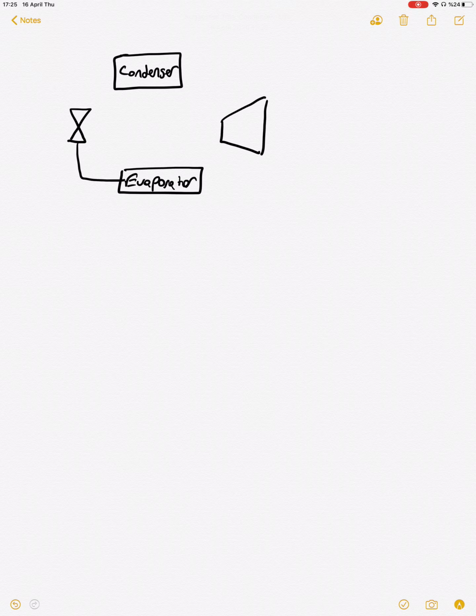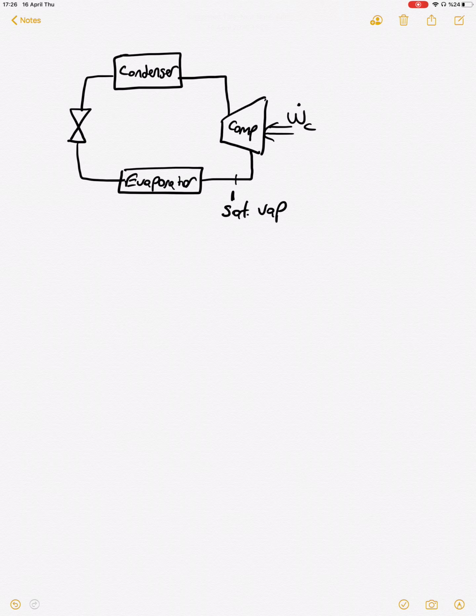So what we have here is actually a refrigeration cycle. We start at state 1. Generally it is a saturated vapor or superheated vapor. In this compressor we require external work in order to increase the temperature and the pressure of the working fluid.